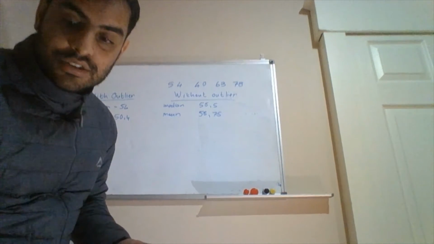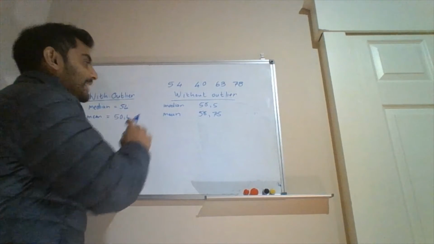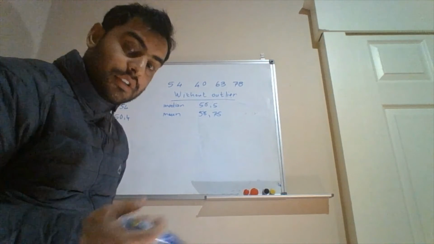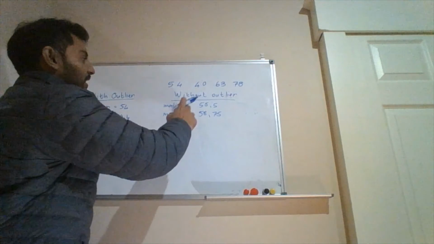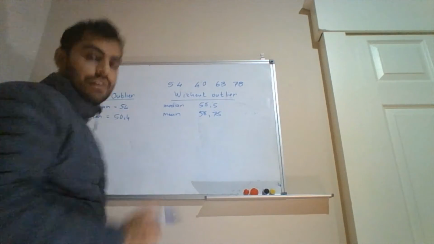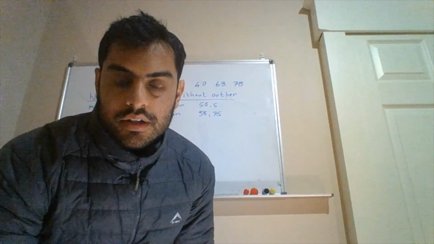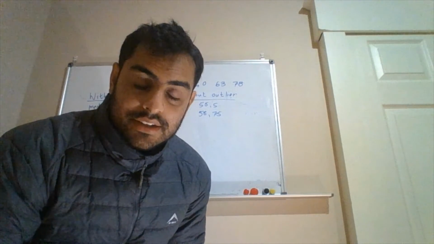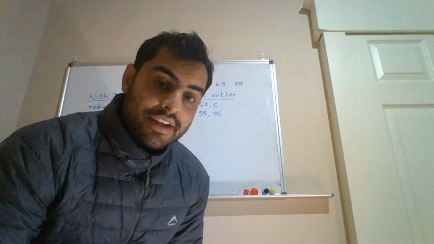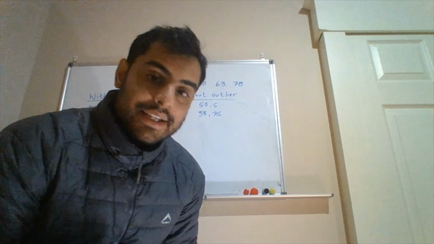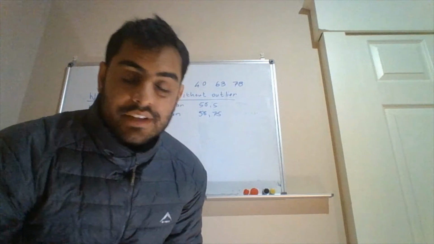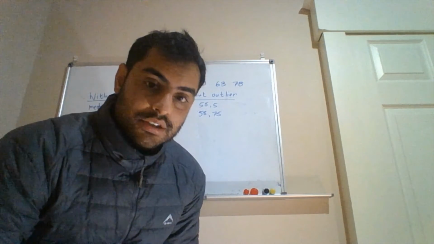And if we compare the two, we can see that yes, indeed, excluding the outlier has made our median higher and our mean higher. So when we're reporting this, we would have to explain whether we are including or excluding the outlier and give our justification for doing so.